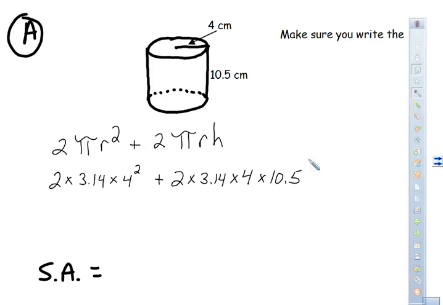2 times 3.14 times 4 squared, and you can still use your squared button. Feel free to do that.